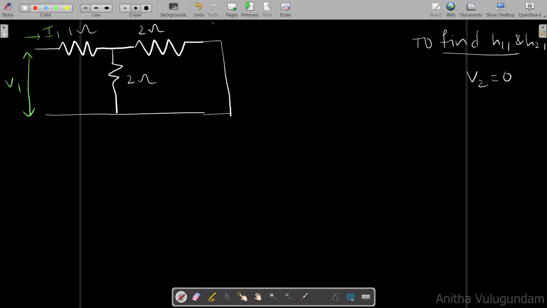The circuit will be modified like this, and this is I2. From this circuit we can find the values of H11 and H21.